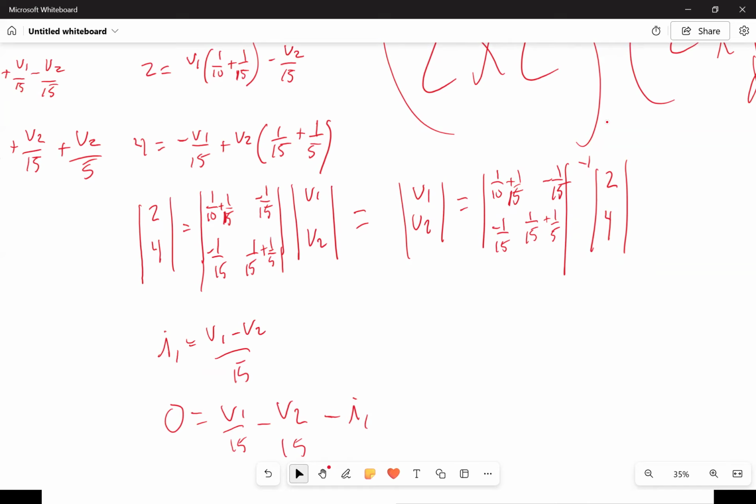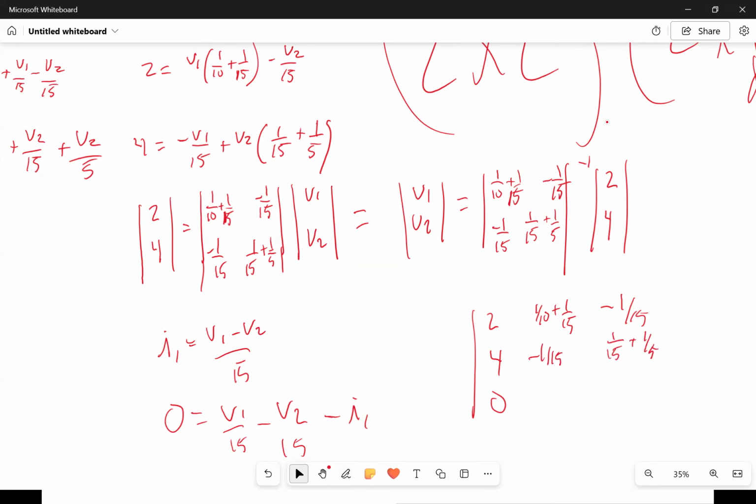So now I can set up a third equation, or I have my third matrix where I have 2, 4, 0, because that's a 0 in there. I have 1/10 plus 1 over 15 minus 1 over 15. This is equal to minus 1 over 15 and 1 over 15 plus a fifth.